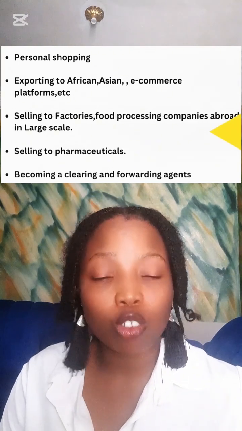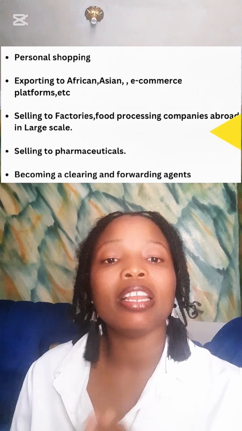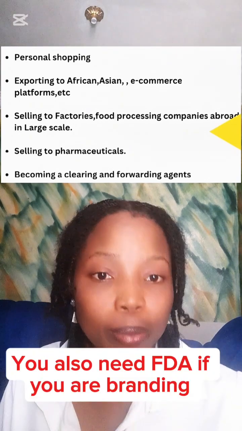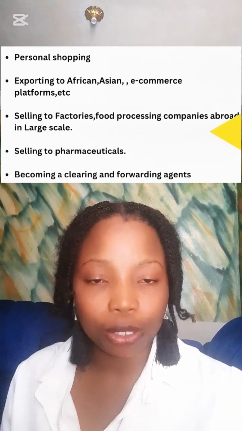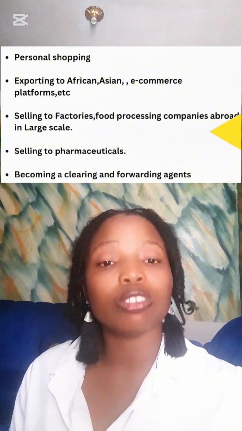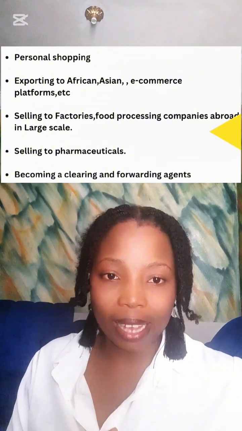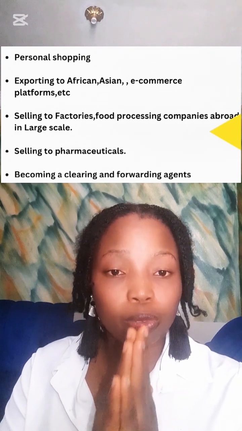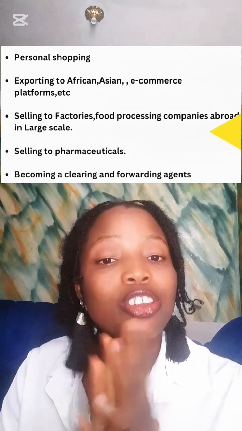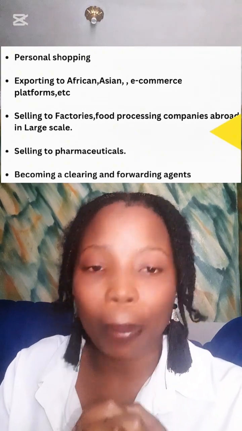In this exporting, you also need a business name registration. If you have a limited liability CAC registration, that is the best. Why this registration? It is for you to earn more trust from your buyers, to build a solid relationship with your customers. And if you don't have any of this, it doesn't stop you from exporting.